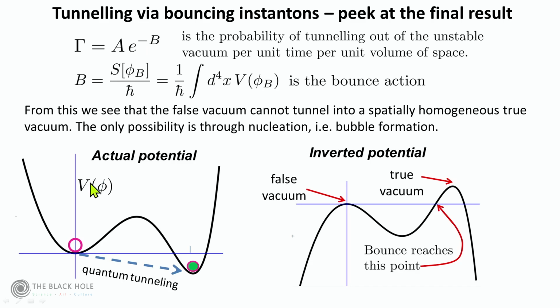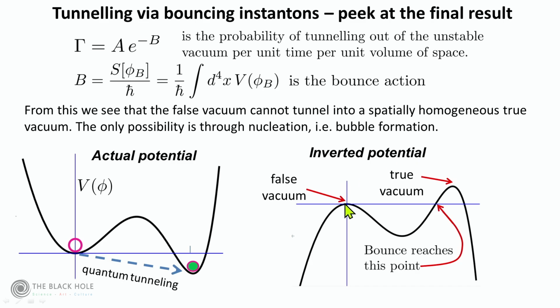All right, so here is the Higgs potential, the actual potential. Here is the inverted potential, which we use in our instanton calculation. So you remember that for the case of the particle in a well, we made V go to minus V, and then we looked at how things slide down the peaks.